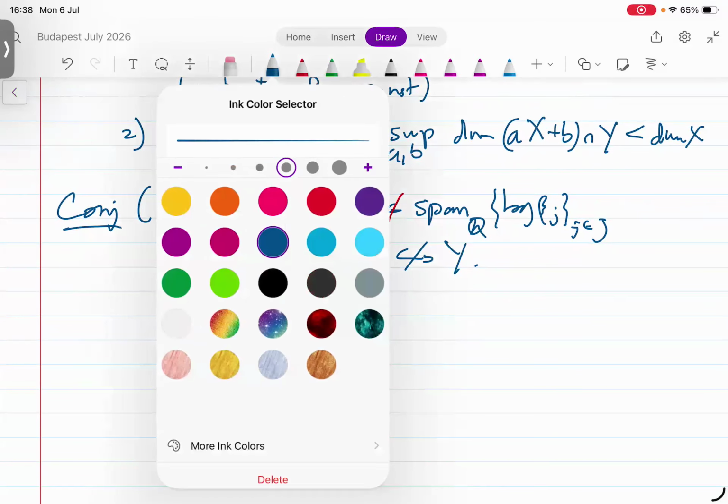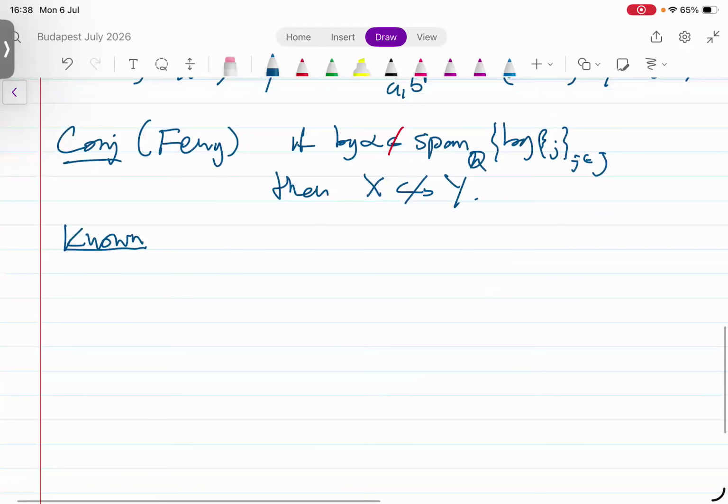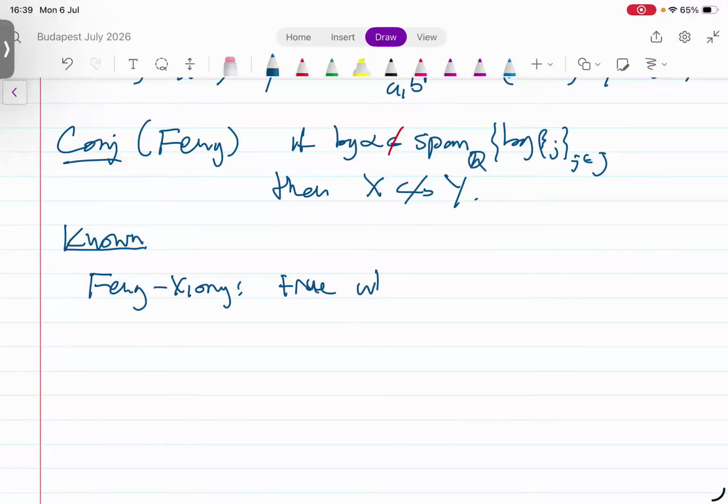Okay, and so what's known? Feng and Xiong proved that this is true when the dimension of y is small enough.